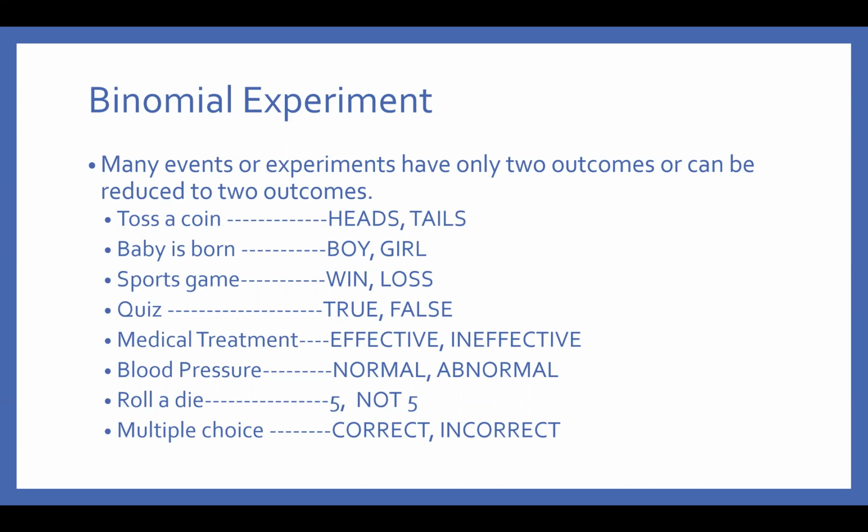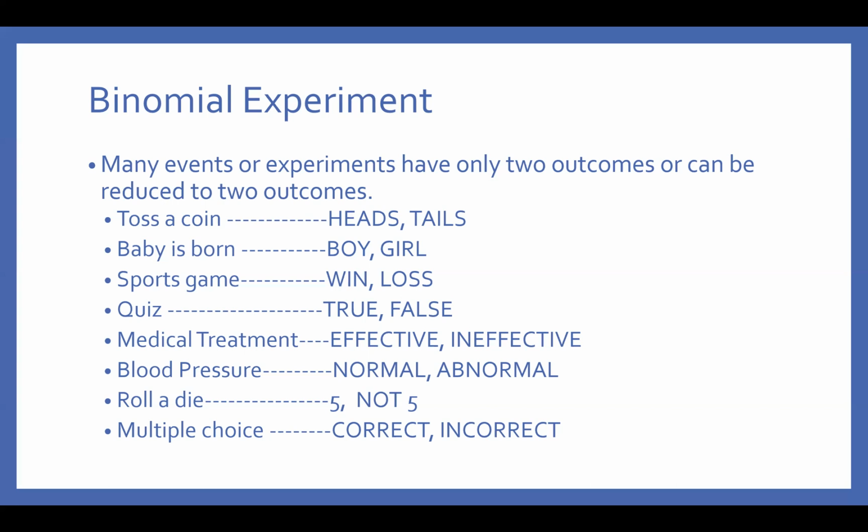Biologically, the baby is a boy or a girl. Any kind of sports game, you have a win or a loss. You can have true false on a quiz or a test. With medical treatments, we can talk about whether the treatment is effective or ineffective. You have blood pressure that's normal or abnormal. Even rolling a die, we can force it to be a binomial because we can say we get 5 or not 5. We either get what we want or we don't.